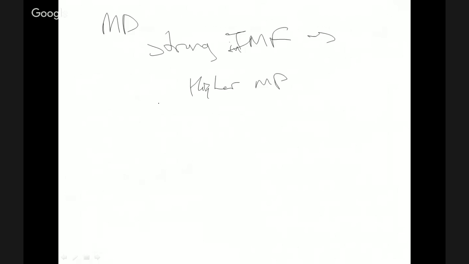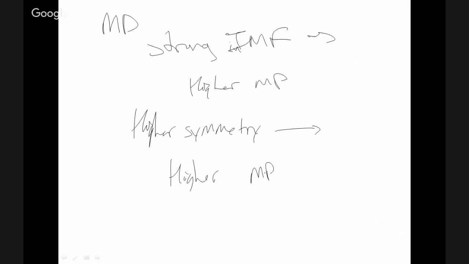Yet there's an exception to this. It's more about symmetry. So higher symmetry, higher melting point. This makes sense because the more symmetrical something is, the more crystal packing goes on. It's all about crystal packing.